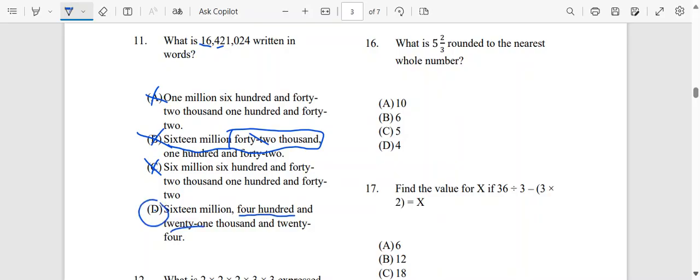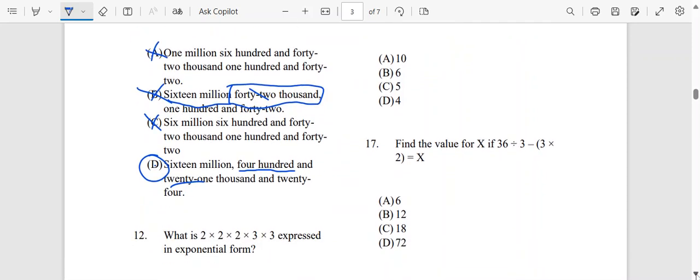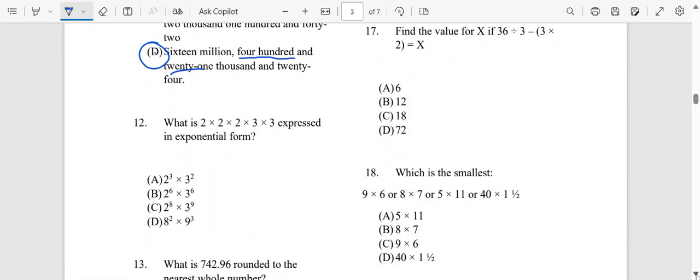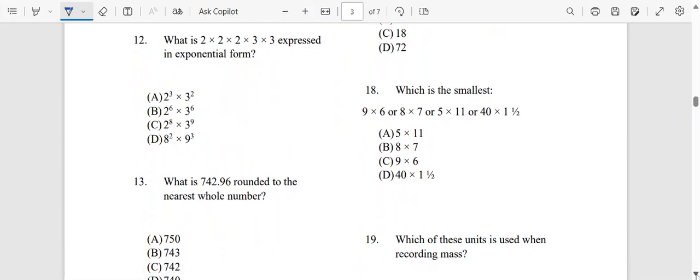So, of course, D. So we do an elimination for this, which makes it a bit easier. All right, this is one method that you can use when you're answering questions in your exams. Try the elimination method. All right, let's look at number 12.